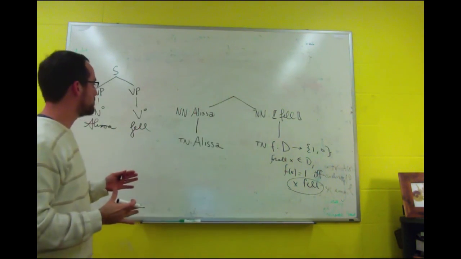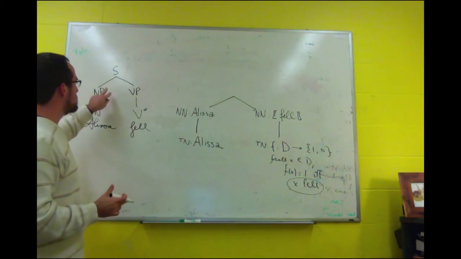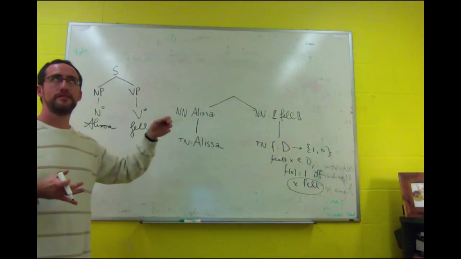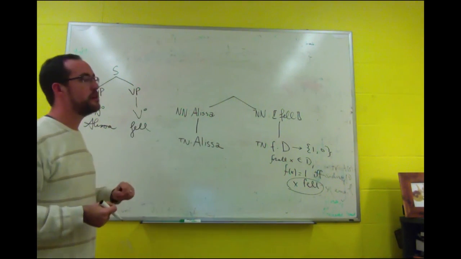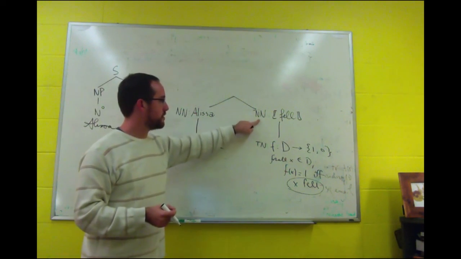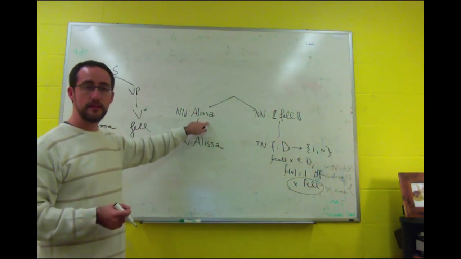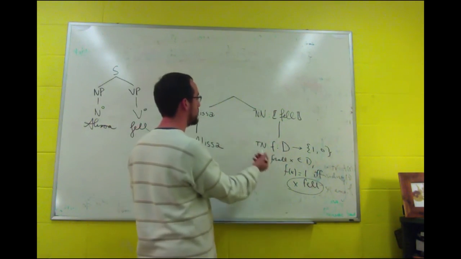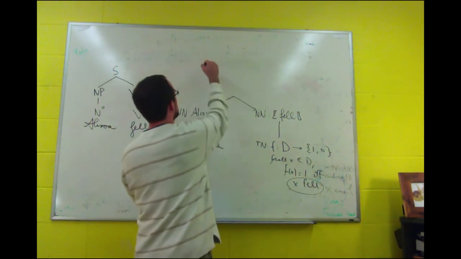Now we plug these in. Now we can combine these. VP, NP, which one takes the other as its argument? Well, this doesn't matter. Only this does. This is a function. This is in the domain of this function. And so we can plug it in.